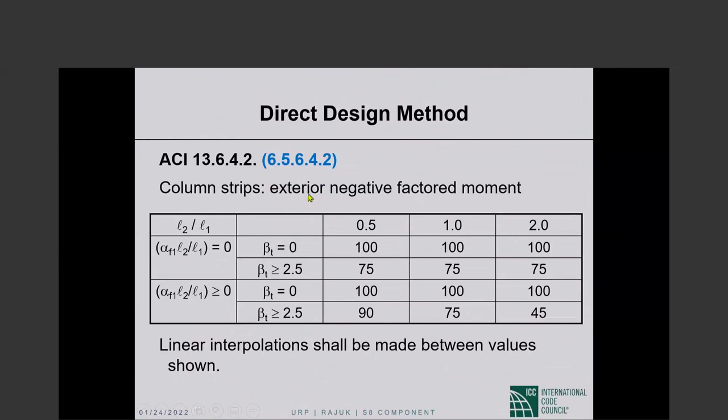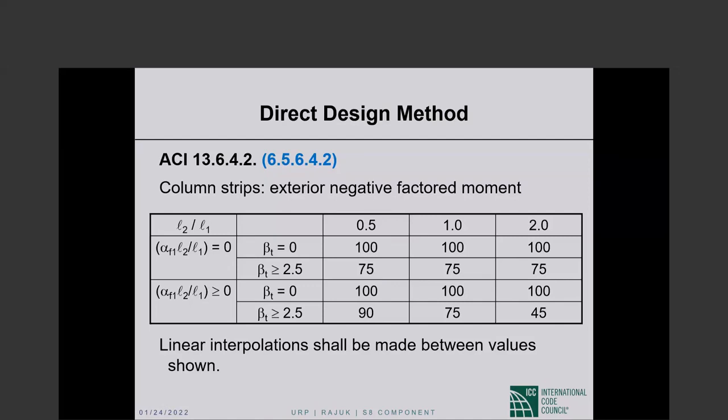This is now the exterior negative factored moment. How much of it goes to the column strip? Okay. If there is no column line beam and there is no edge beam, 100% of the negative moment goes to the column strip, 0% to the middle strip. Okay, this is very important, obviously.